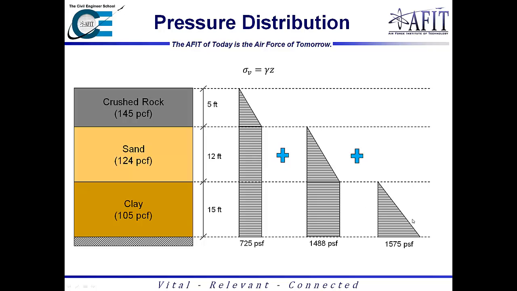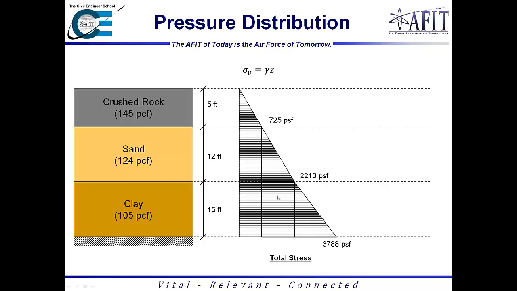And so when you add all these up, we wind up getting our actual total stress. And so the total stress at the bottom of the clay layer is 3,788 pounds per square foot. So that is a lot of stress.